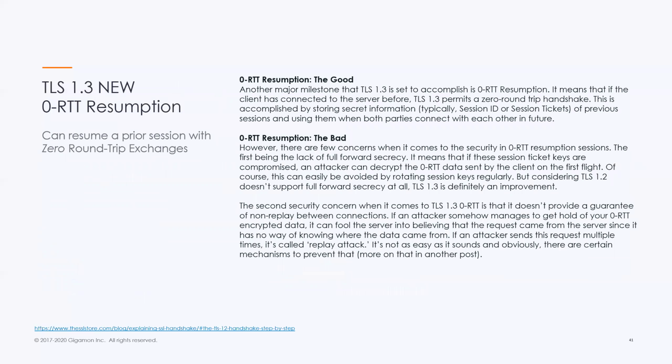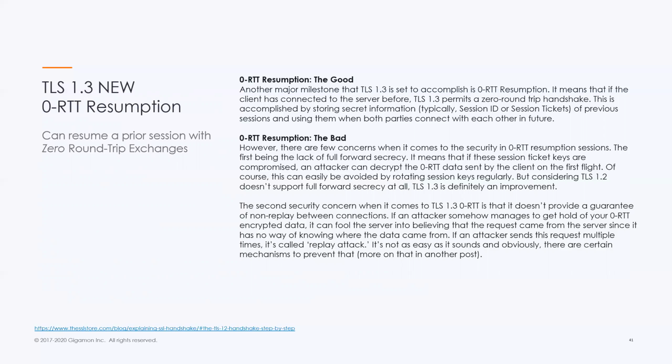New in TLS 1.3, which we're not going to go into, is an option called 0 round trip time resumption. That's good because it means both sides can resume the previously established session without a bunch of back and forth.